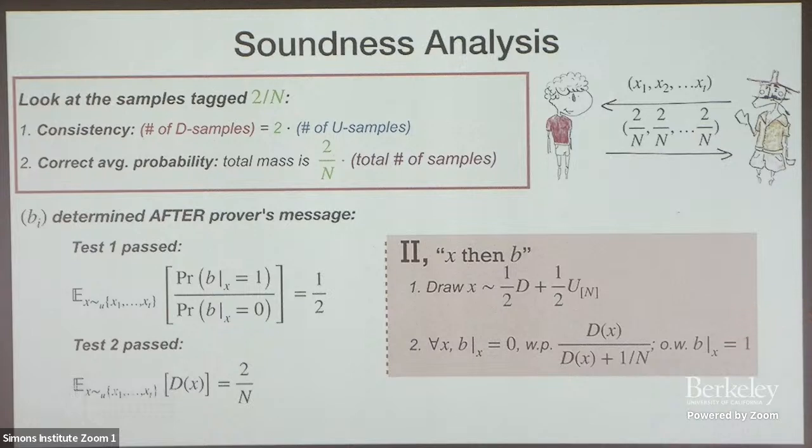So this is kind of rewriting test 1, because the B's are set after the fact. And test 2 doesn't have to do with all this fancy stuff. We just want the average probability of D of x, if we sample a uniform sample tagged 2 over n, to be 2 over n.